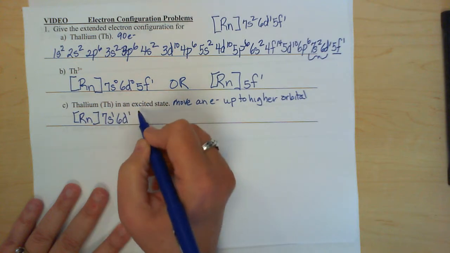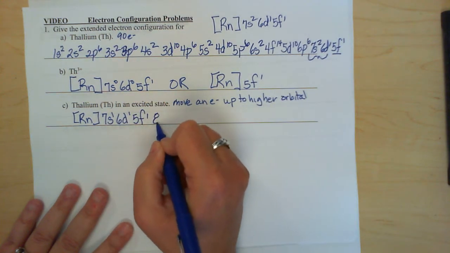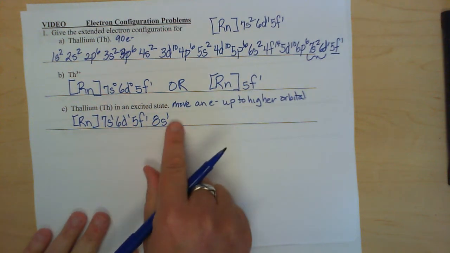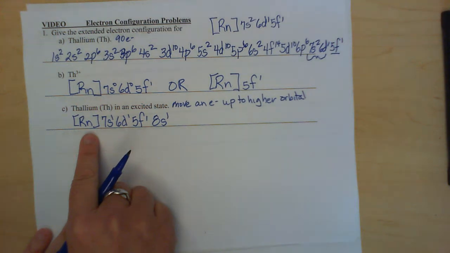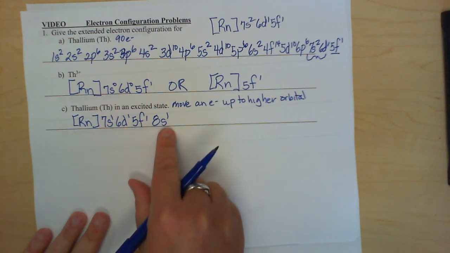Now I can move it into any one of these that are already filling, or I can move it up to the next energy level. You can move more than one, but typically, for simplicity's sake, we're going to only move one. And notice we didn't lose any electrons. We still have 4 plus the radon core, but we moved it from the 7s up to the 8s.